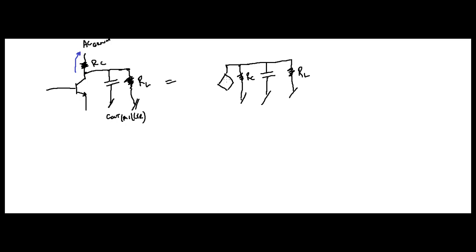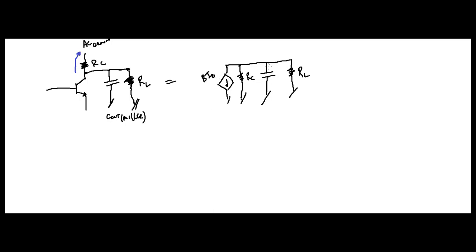So I draw that with an arrow, and the current there is equal to beta times what? IB, right? Because it's the collector current we're talking about, right?